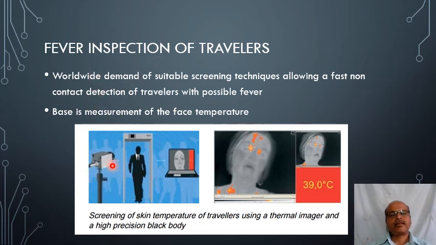Without touching we can measure the temperature. This is a basic advantage of this IR temperature sensor: screening of skin temperature of travelers using a thermal imager and high precision black body. This is the greatest advantage of the IR temperature sensor.